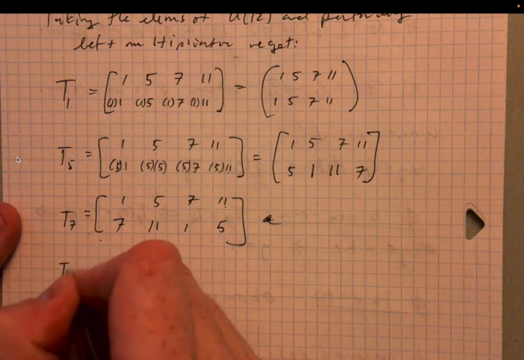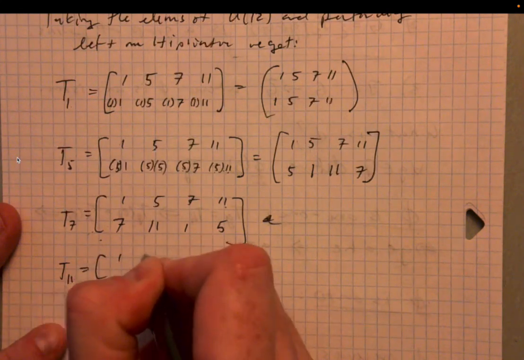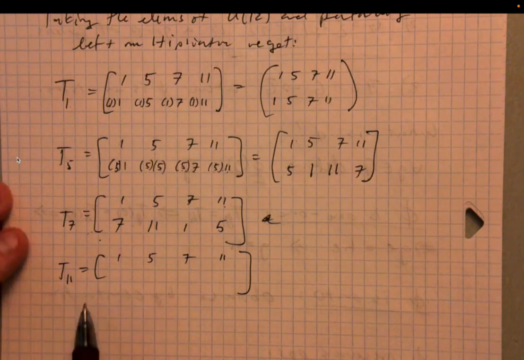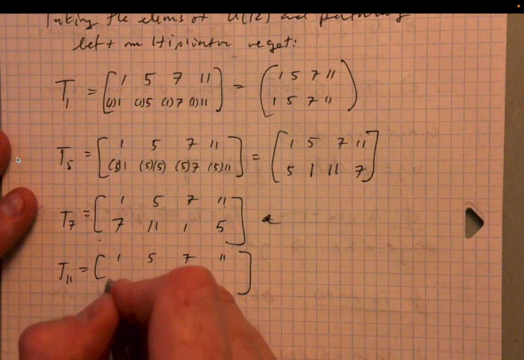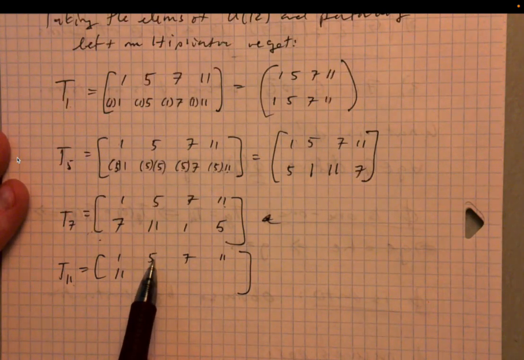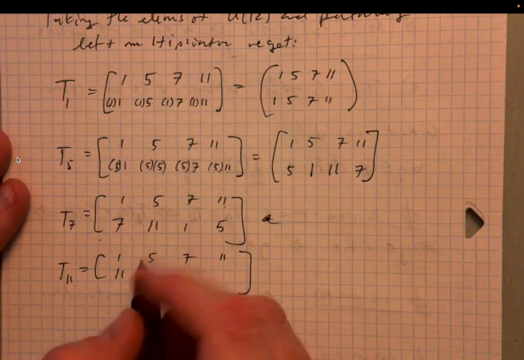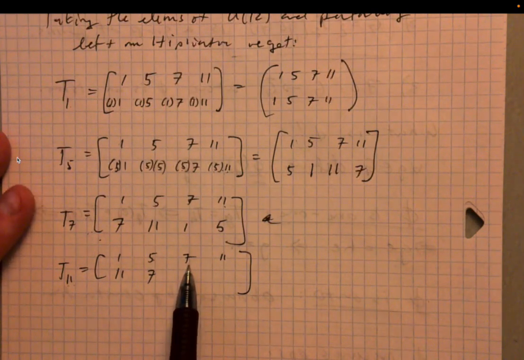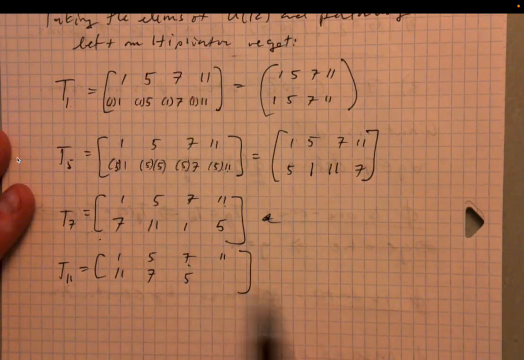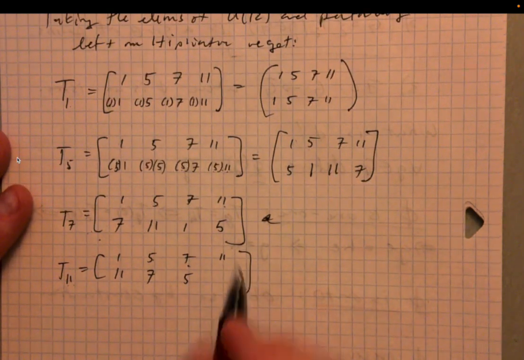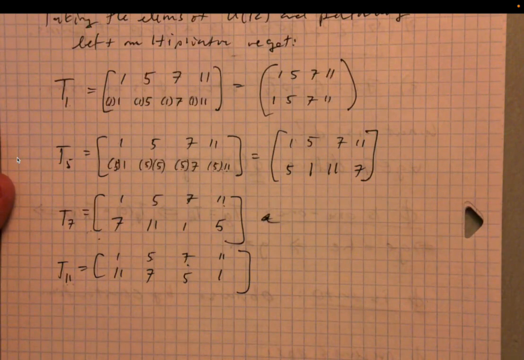And finally, T11. Well, T11 would be 11 times 1 is just 11. 11 times 5 is 55, which is congruent to 7 mod 12. 11 times 7 is 77, which is congruent to 5 mod 12. And 11 times 11 is 121, which is congruent to 1 mod 12.